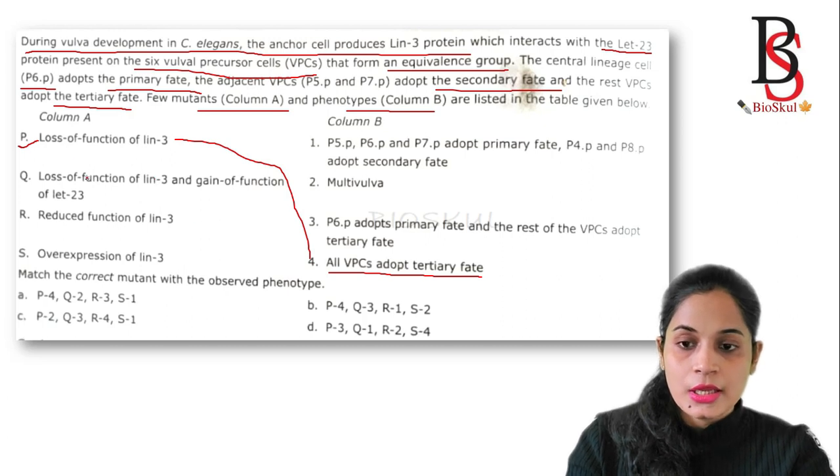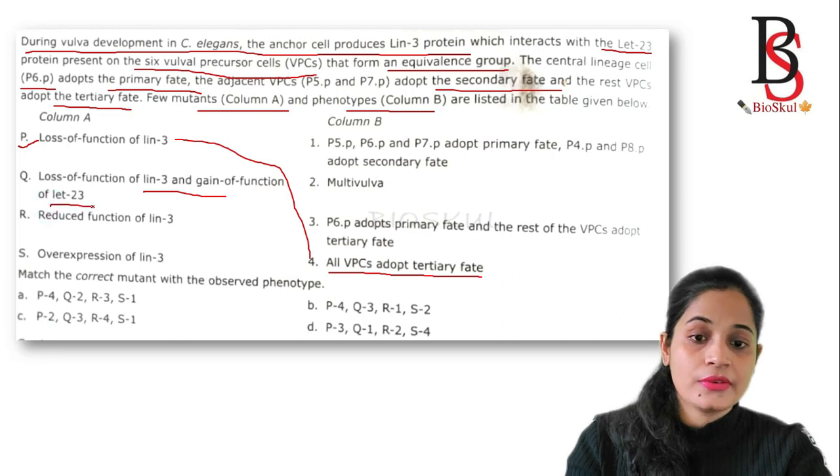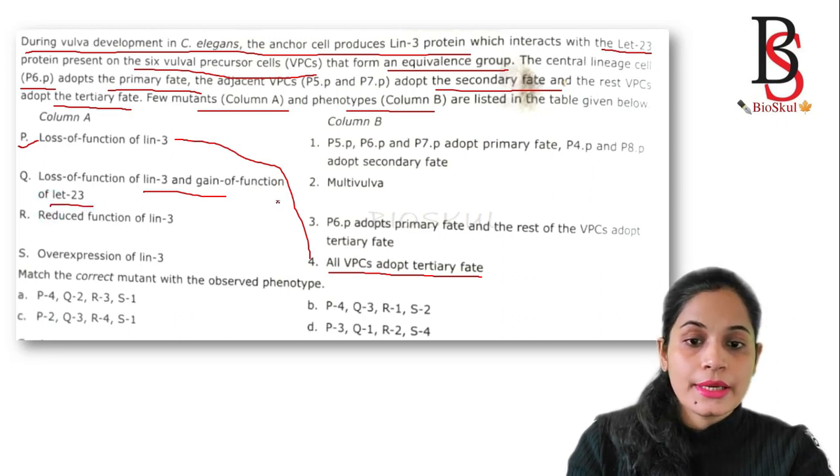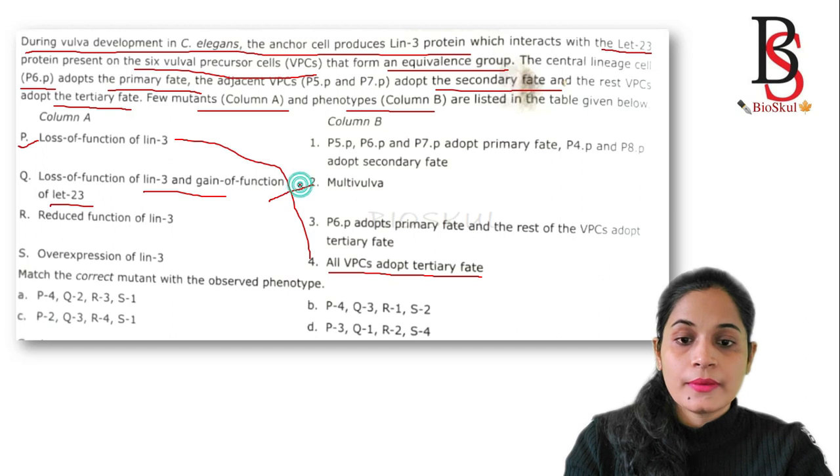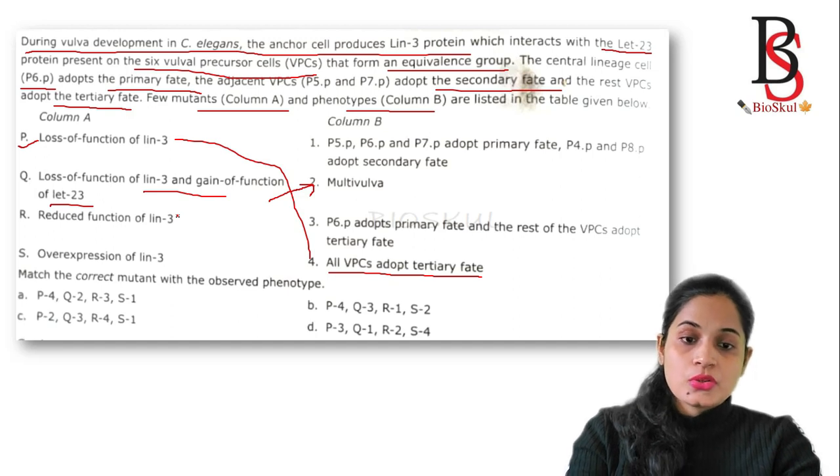Okay, let's see others. Loss of function of lin-3 and gain of function of lin-23 will lead to the formation of multivulva. Okay, Q is 2. Reduced function of lin-3. The function of lin-3 is reduced. So what will happen?